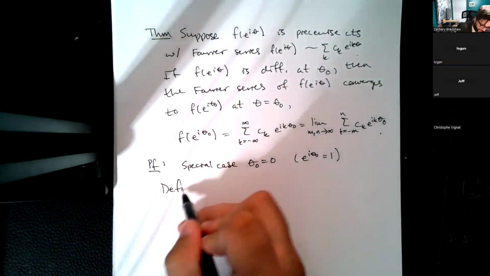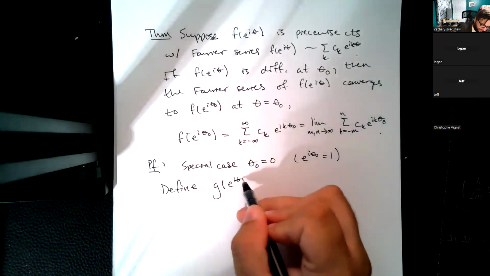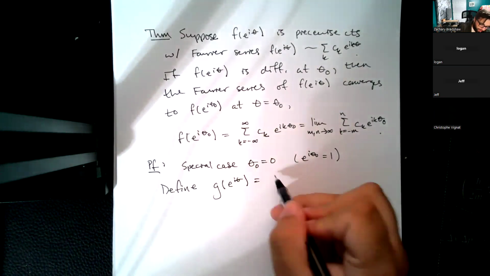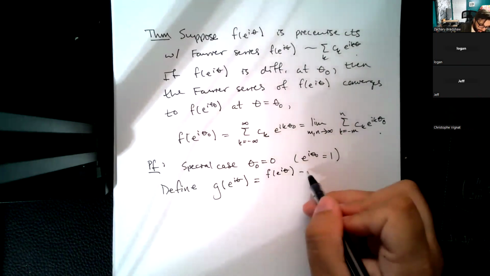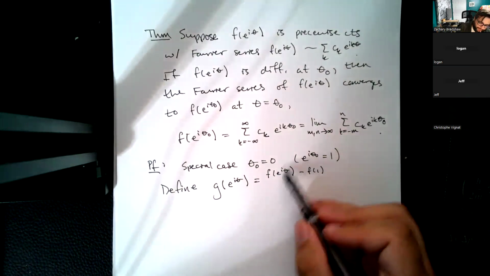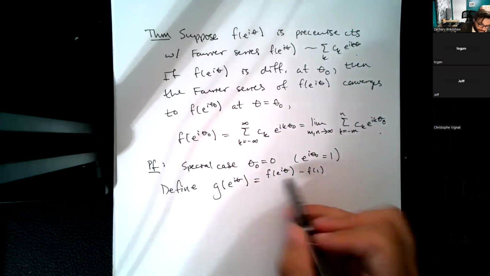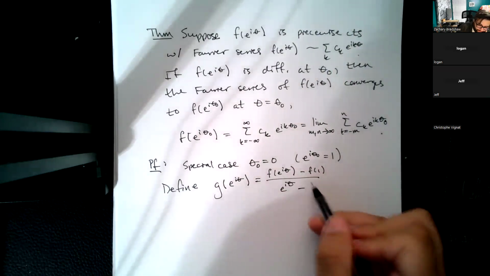Let's define a function which is given by the difference quotient, g of e to the I theta equals f of e to the I theta minus f of 1, which is the value of e to the I theta at theta naught equals 0, over e to the I theta minus 1.